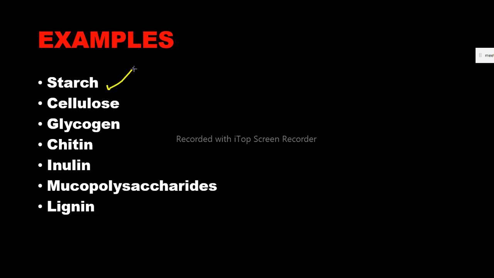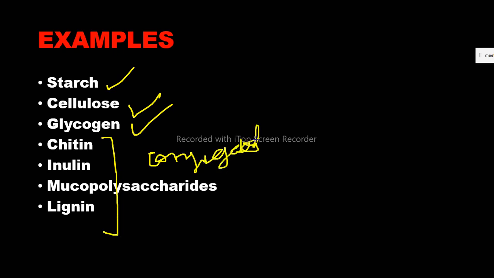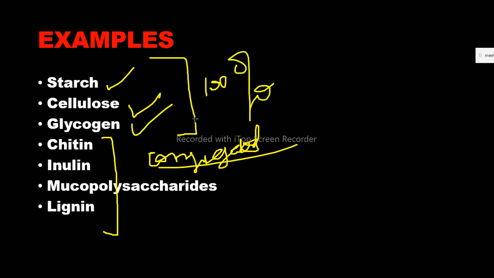We have starch, we have cellulose, we have glycogen. These ones are 100% carbohydrates. But there are conjugated carbohydrates, which are carbohydrates with other non-carbohydrate groups. Maybe inulin, a polymer of fructose.